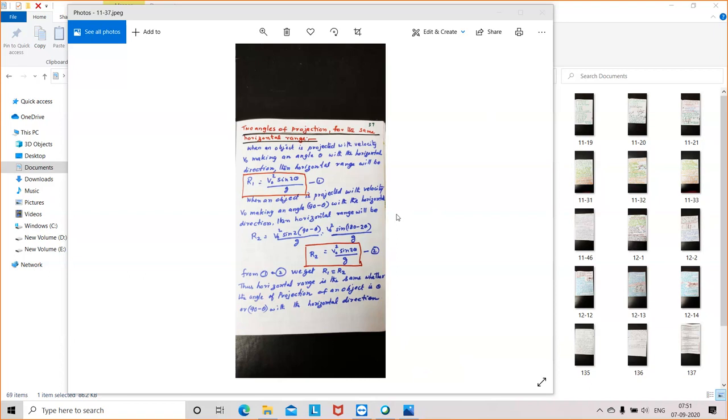So last day we were discussing projectile motion, and we derived the expressions for maximum height, horizontal range, and time of flight of the projectile.